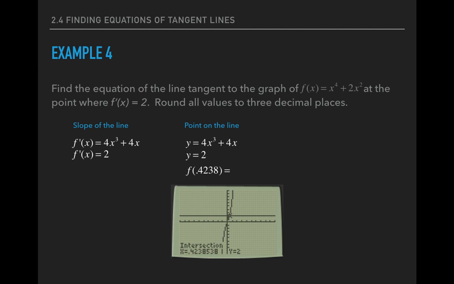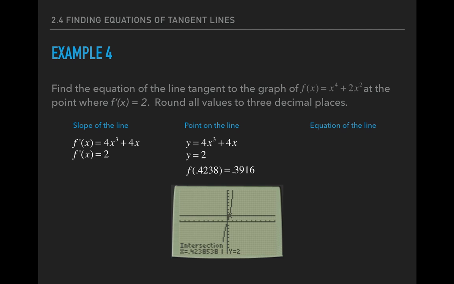And what we need to do is, on the original quartic graph, not the derivative, find what the output would be. You plug that into the original f function, and that result would be 0.3916.